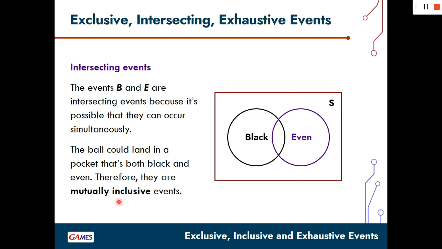Now, events like this are also called mutually inclusive. Why mutually inclusive? Inclusive because they share outcomes. So they have that in common. They share outcomes mutually because, of course, they have that characteristic in common. When we say mutually, what they have in common in this case is a characteristic. And when we say inclusive, what they have in common is the outcomes.